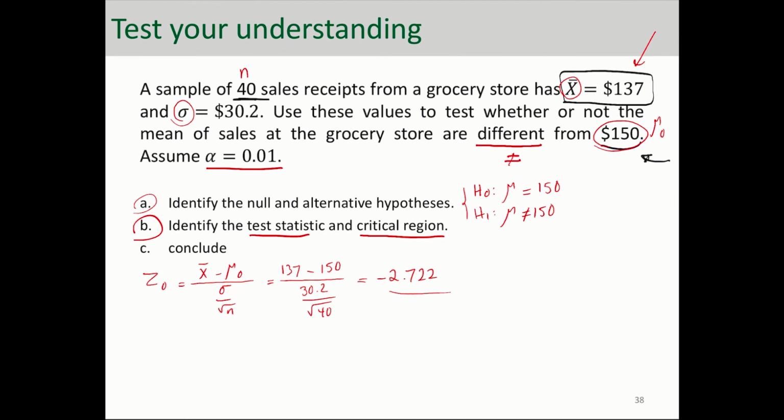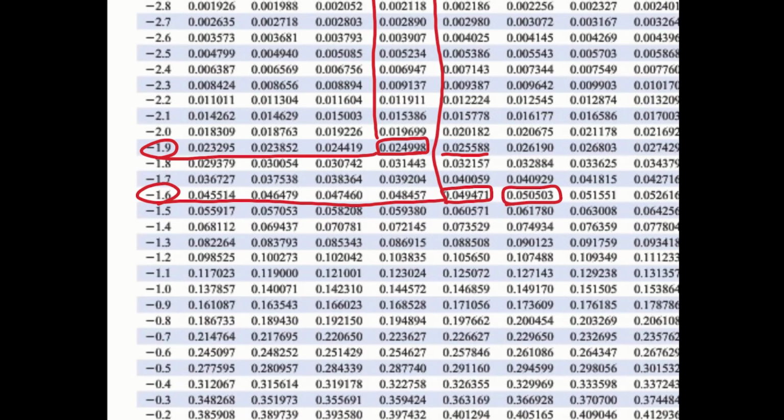Now, we would have to find the critical region here. The critical region comes from the choice of alpha. So z of alpha over 2 will be z of 0.005. Negative z of alpha over 2 would be negative z of 0.005. Well, we need to read these values from the table here.